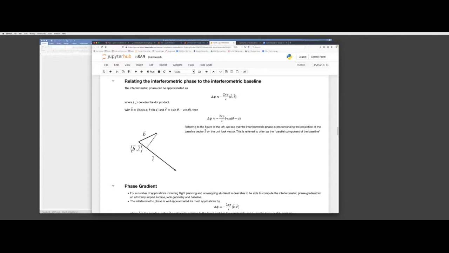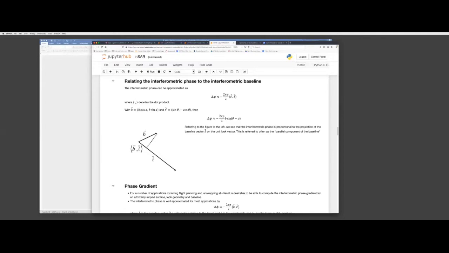The baseline vector projected onto the look vector is a better way of characterizing it. So here's the baseline vector separating our two observations. We project it onto the look vector, and this is the phase that we're measuring, to first order.